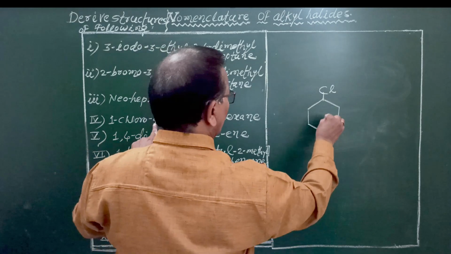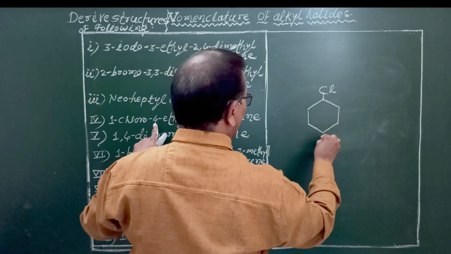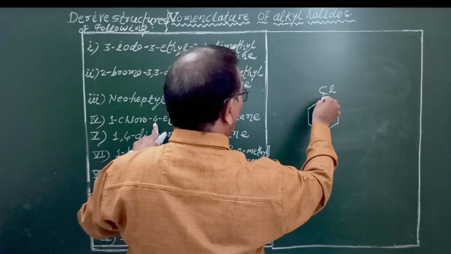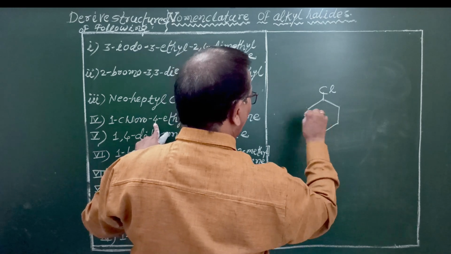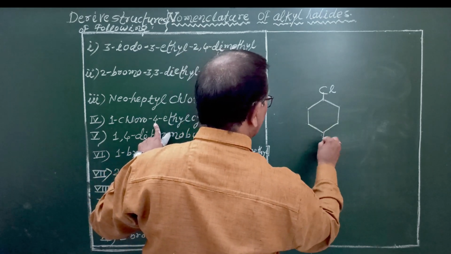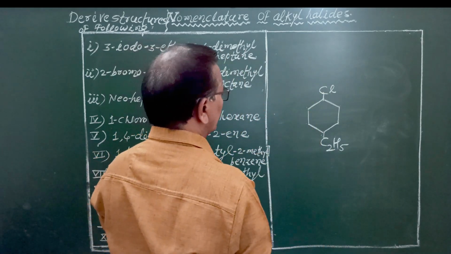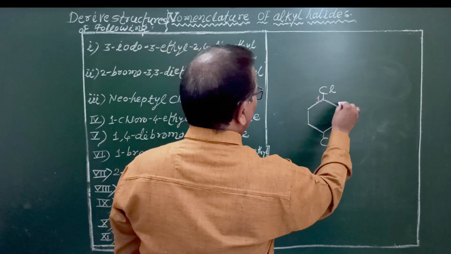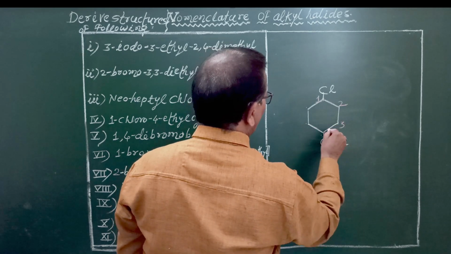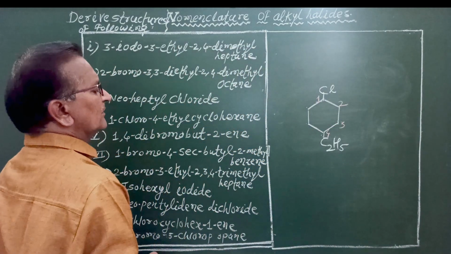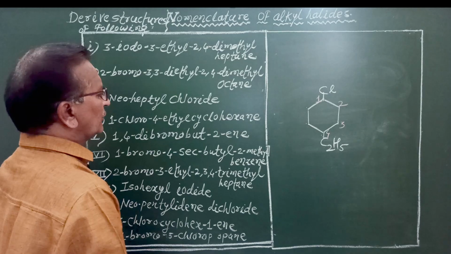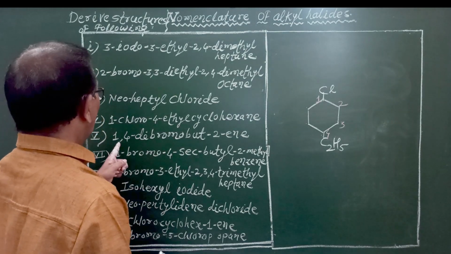The ethyl group is at carbon number 4: 1, 2, 3 and 4. This is carbon number 4. Clockwise, 1, 2, 3 and 4. Anti-clockwise also. So to this carbon number we have to attach the ethyl group. This is nothing but 1-chloro-4-ethyl cyclohexane. Numbering can be done clockwise or anti-clockwise.